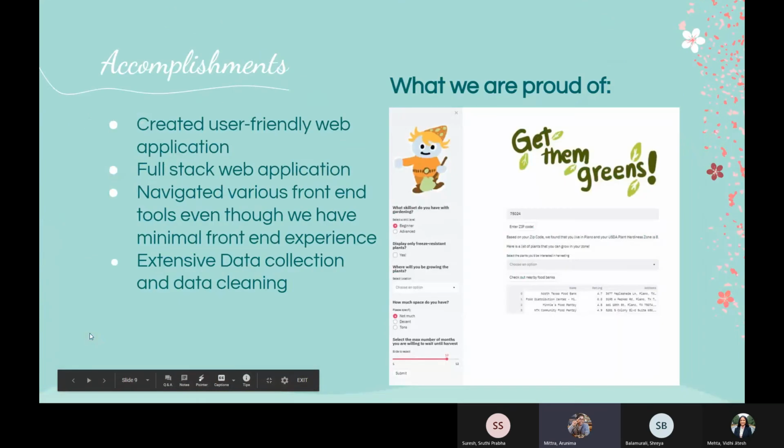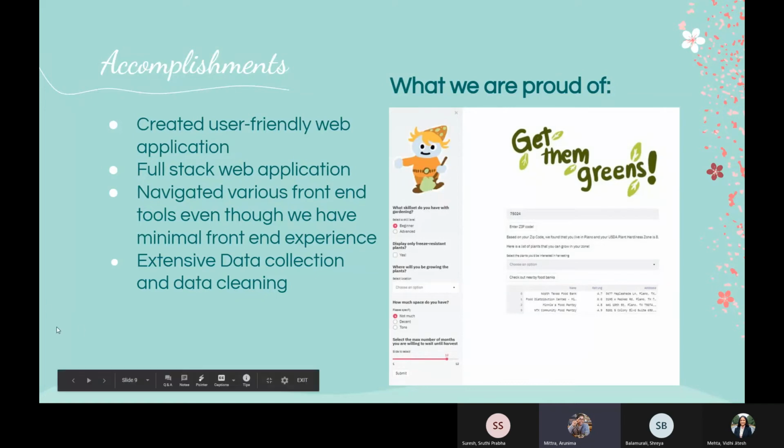Moving on to the accomplishments that we had, starting off with the adorable icons and the logo created by Shruti. Our first accomplishment is that we did create an extremely user-friendly web application with a very minimalistic UI. And what this does is it makes it an extremely easy experience for the user to learn and understand how to go through the application and pick the plants so that even if the users are not very tech savvy, they are able to still use this application.